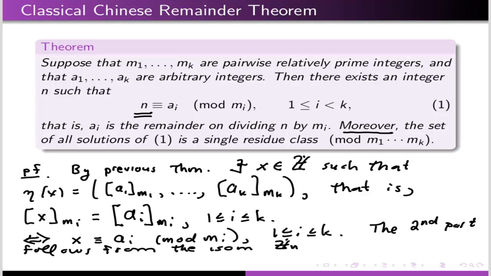Z mod m is isomorphic to Z mod m1 cross ... Z mod mk. In other words, once you have specified these values a1 through ak, that gives you one object on the right hand side, and there would be a single object mod m that corresponds to that value. So a single residue class mod this product right here.